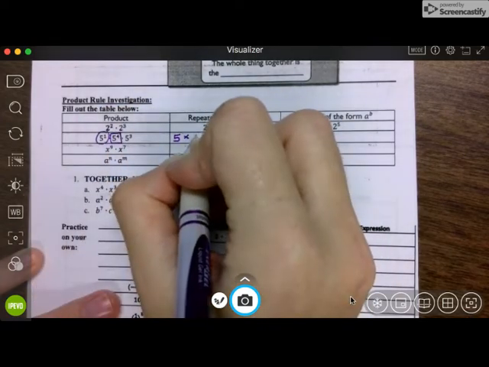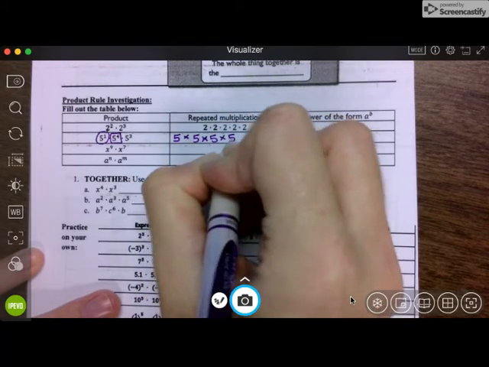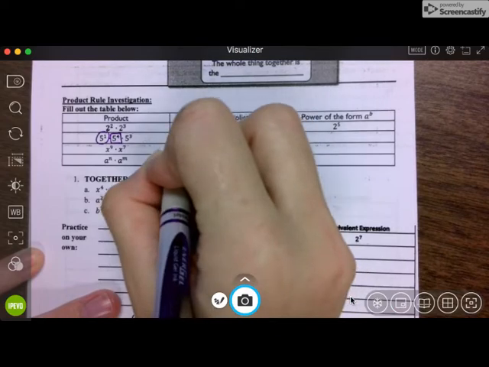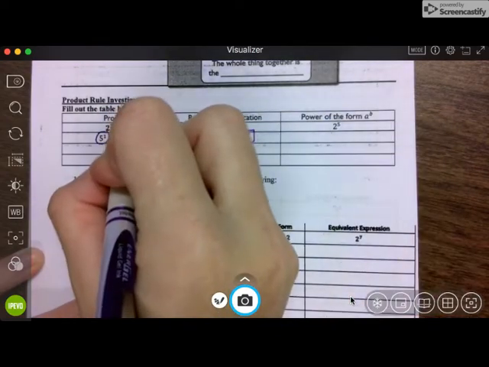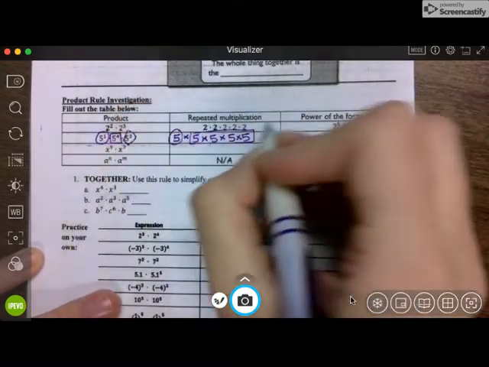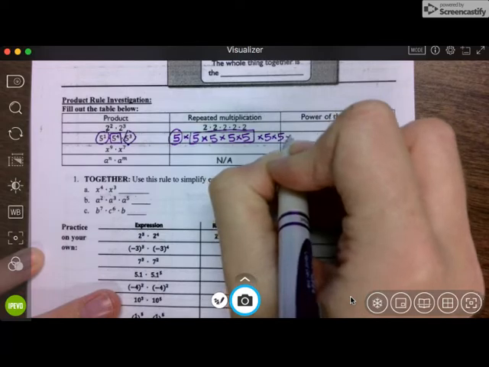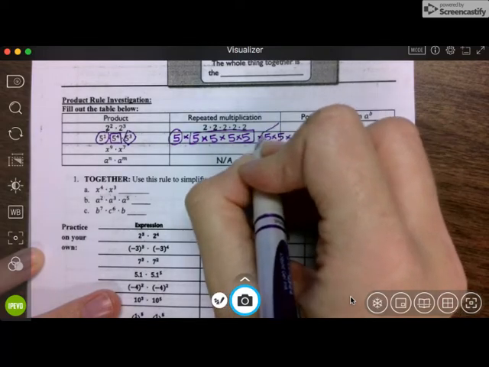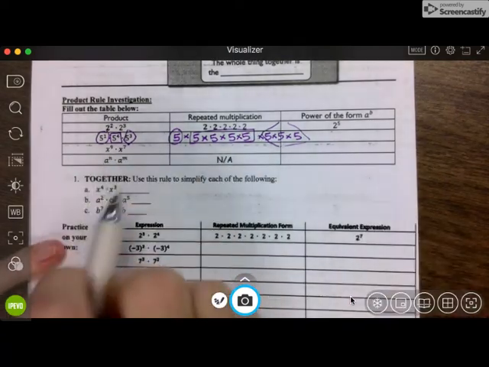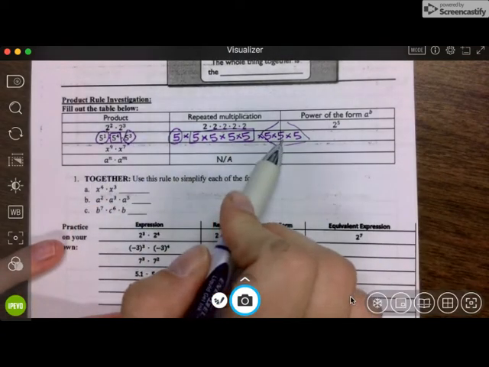Here I have 4 5's. And then I have 3. Okay? So you see kind of where each one expanded out comes from?